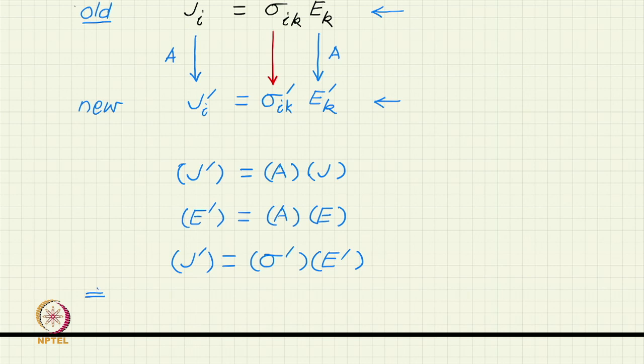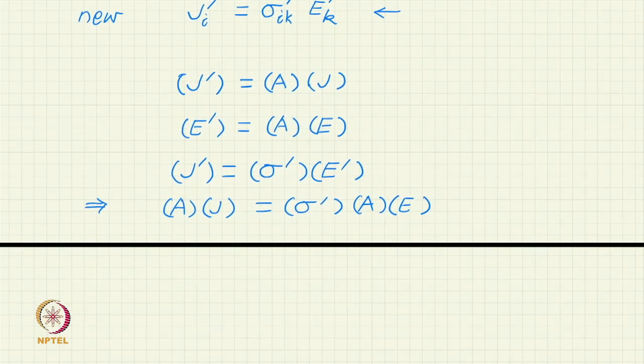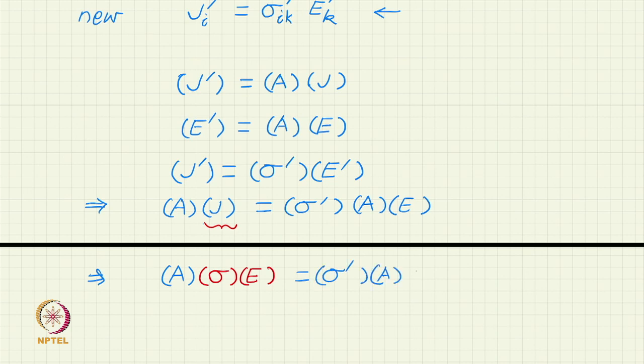Now, let us apply our coordinate transformation and write J prime as A times J. Sigma prime is what we want to find out, and write E prime as A times E. But in the old coordinate system, we know that this J can also be written as sigma E.